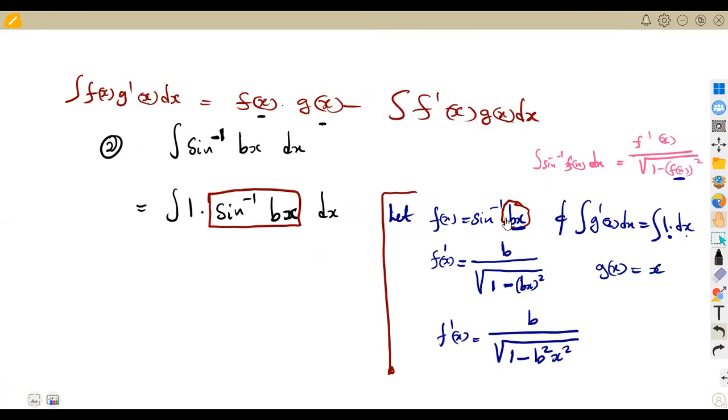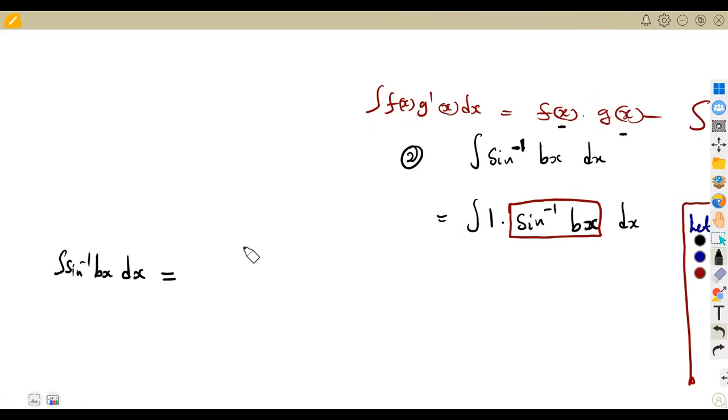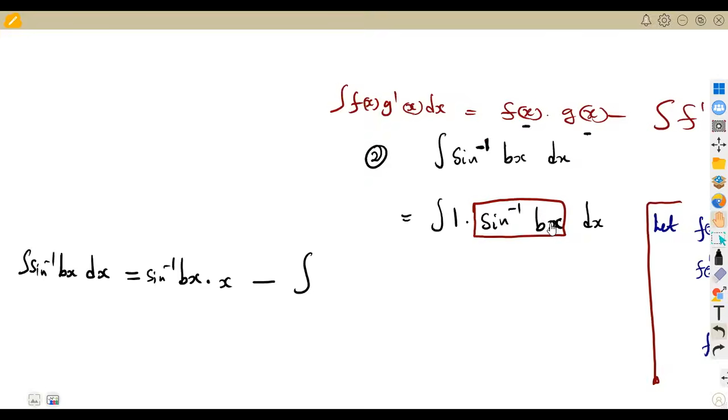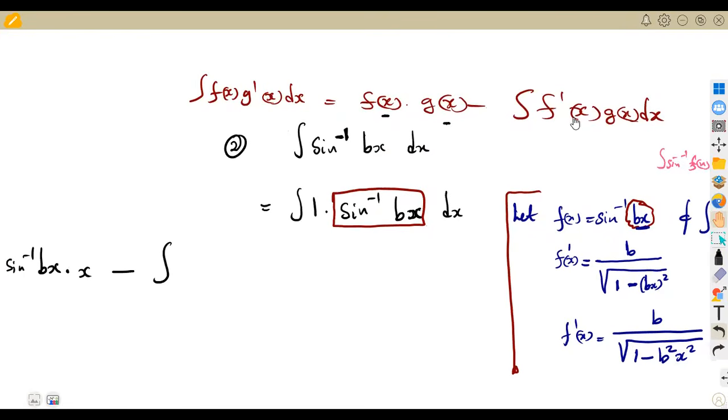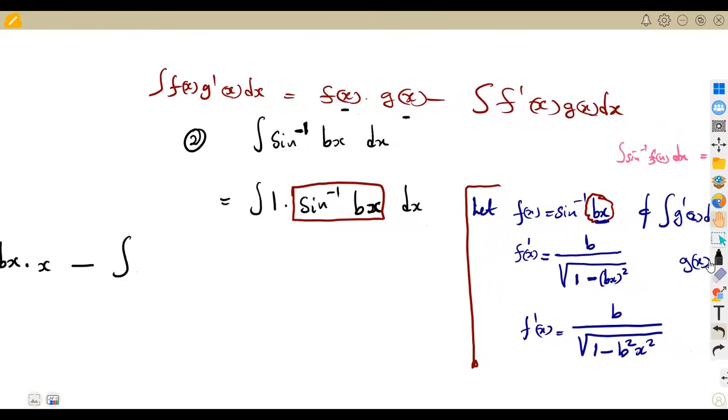So we multiply these two: arcsin bx times x, minus the integral of f prime x, the first derivative of f of x, which is the one we got here: b over the square root of 1 minus b squared x squared, times g of x.